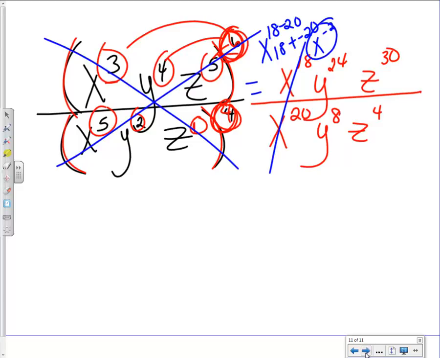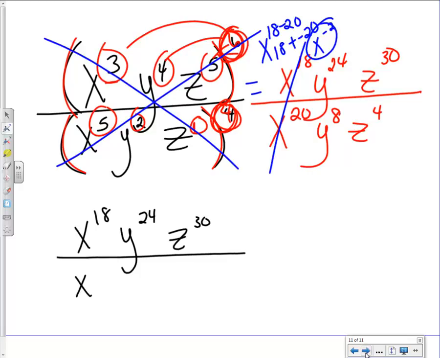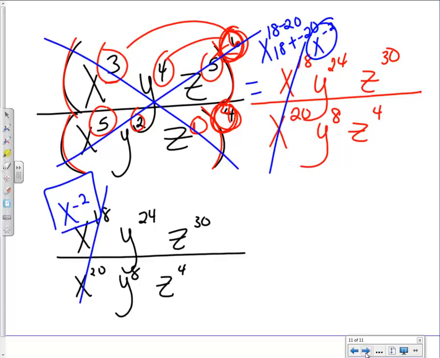Okay, kind of running out of space here, so let me try to rewrite this to make it a little bit easier. All right, the next one is going to be y to the 24th minus 8 power.